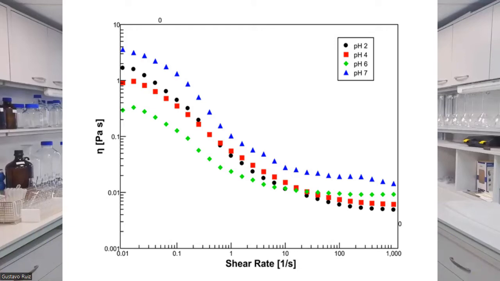This is related with some lubricant properties that are needed in our gastrointestinal tract, and we observe when the shear rate is very high, around 1000, when the pH is more neutral, it exhibits higher viscosity, so the lubricant properties are better.